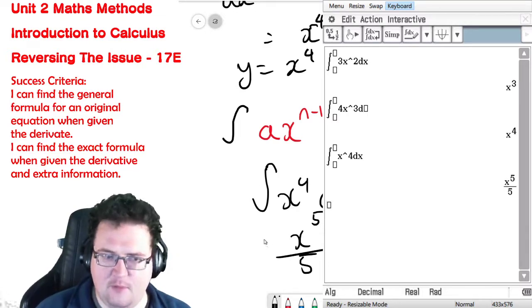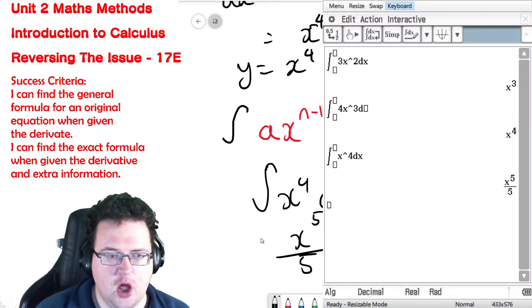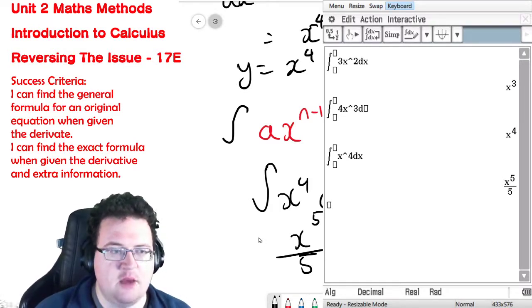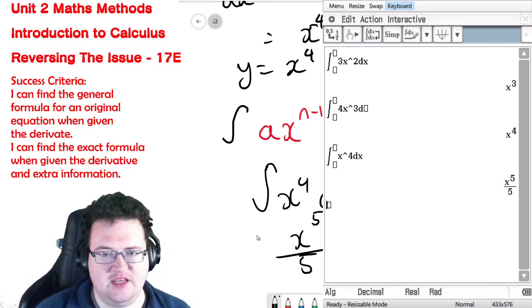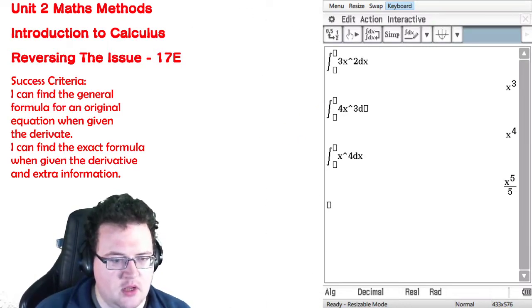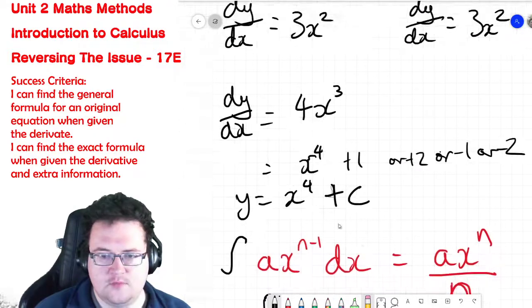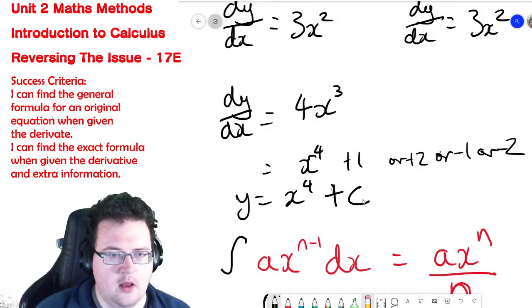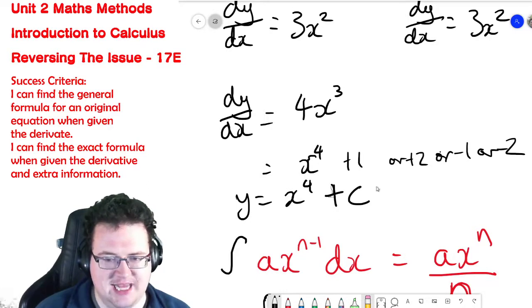But there's a problem. There's a problem with how my CAS does it, which is why you should never rely completely on your CAS, because it does sometimes leave important things out. So in my previous example, up the top here, I anti-differentiated 4x cubed and got x to the 4 plus c.